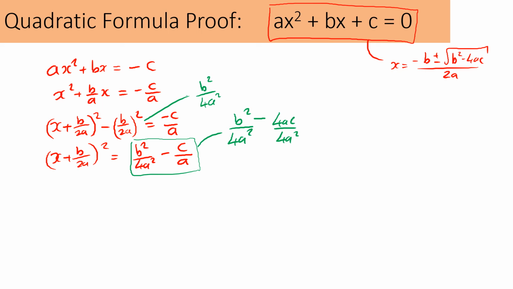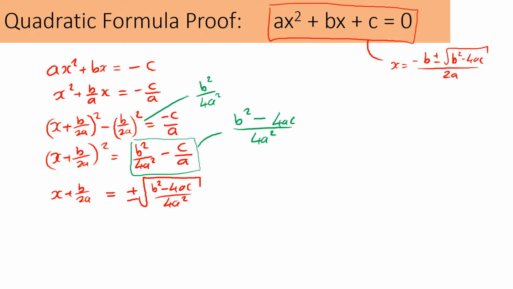So overall, this is b squared minus 4ac all over 4a squared. Cool. So we've got x plus b over 2a, and let's take the square root across as well, is plus or minus the square root of this fraction we found, b squared minus 4ac all over 4a squared.